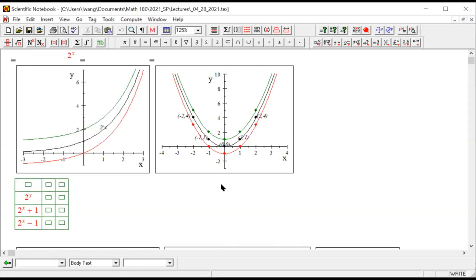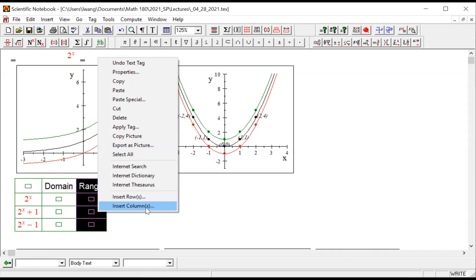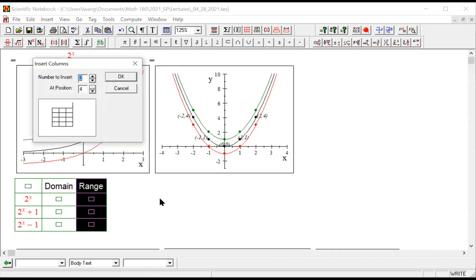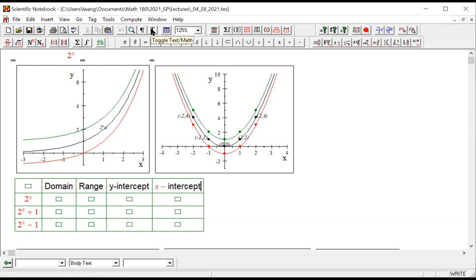The columns are domain, range, and intercepts, including y-intercept and x-intercept.